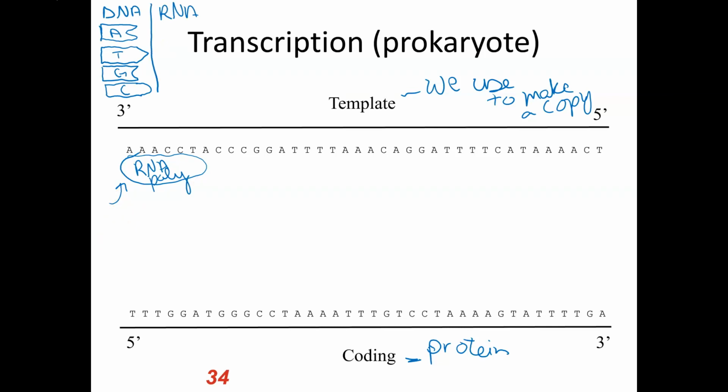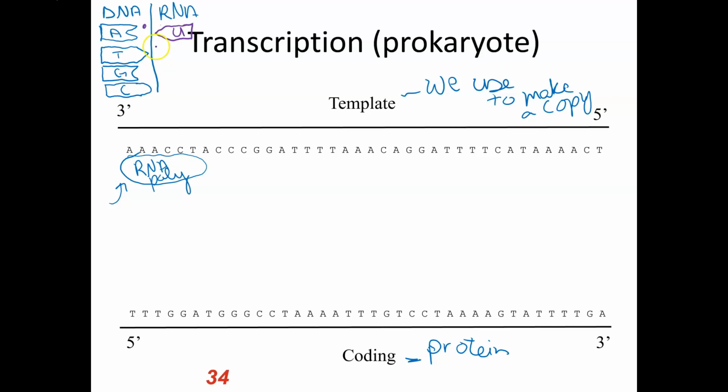So let's look at those proper RNA nucleotides. If our DNA has an A in it, which you see right here, then in RNA you're going to have a complement called uracil.